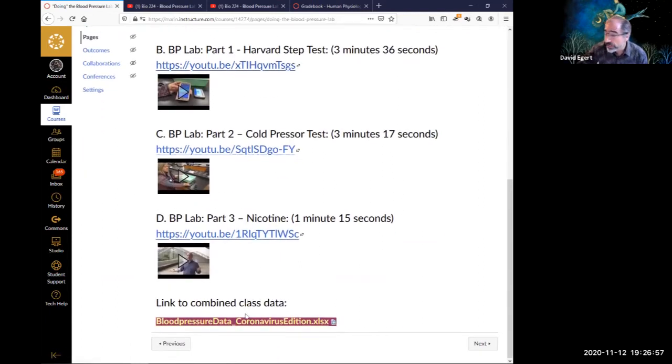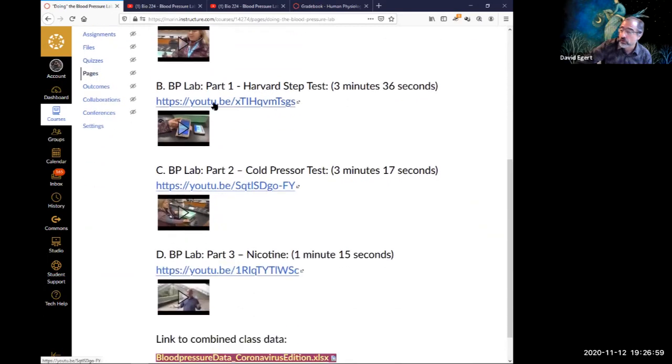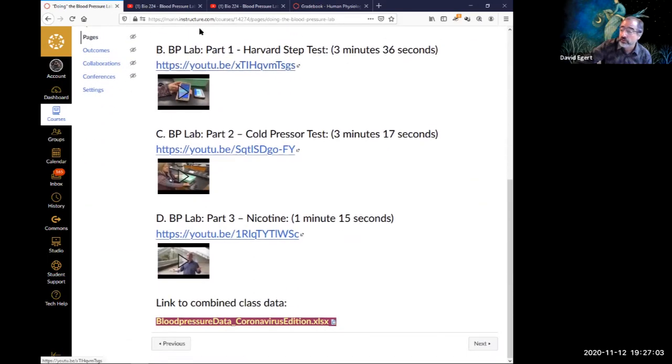At the bottom of this, we're going to go through these other ones in time. But right now, I want to just look at the data, particularly from this Harvard step test. All the data is down here in this spreadsheet that I have at the bottom of this page. I'm going to open it up right now.